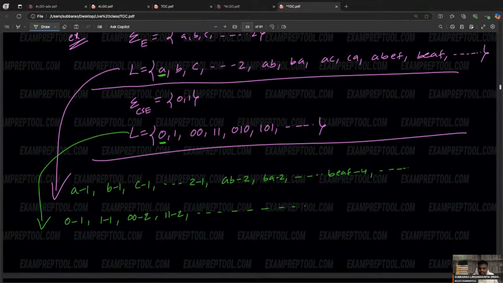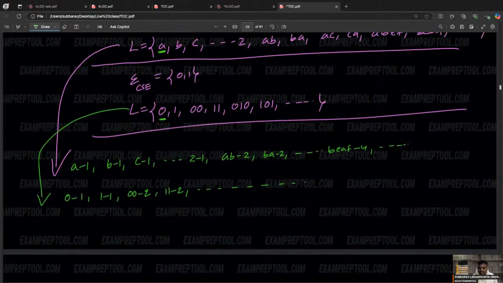Now, why I am saying this is, can anyone help me? What is the minimum length of any string possible? A string is a collection of characters over the given alphabet.